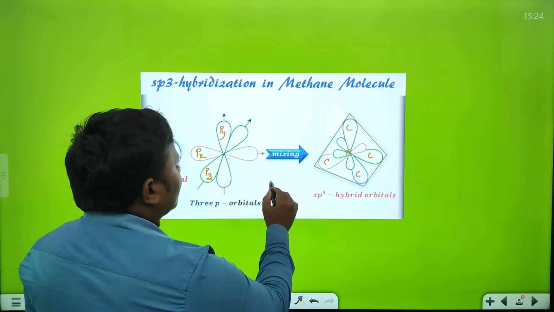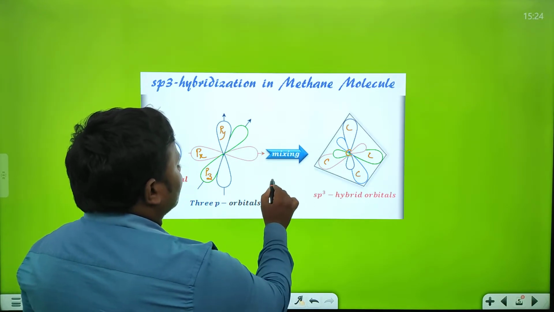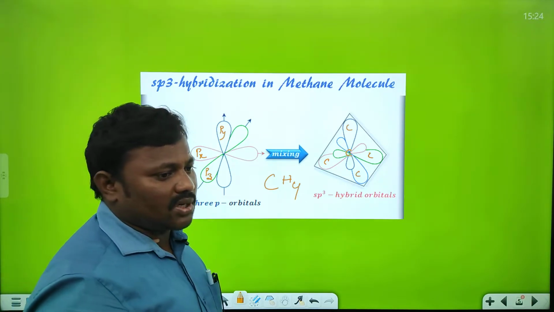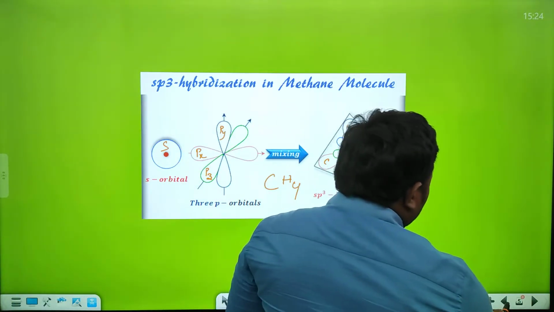For this sp3, the example is the formation of methane, CH4.